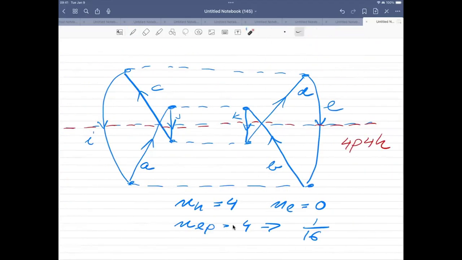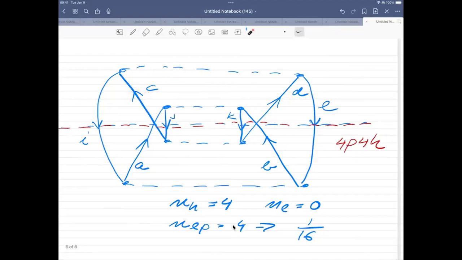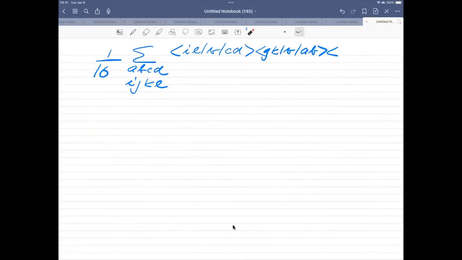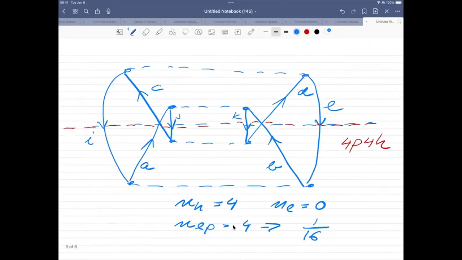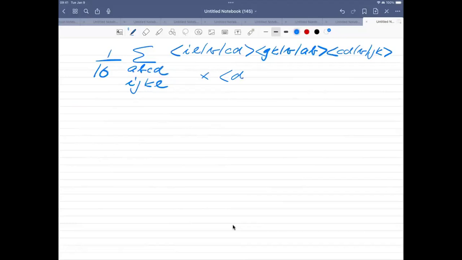For the third interaction vertex, we have 2 incoming hole states, J to the left and K to the right, and we have 2 outgoing particle states, C to the left and D to the right. So that means that we get a new contribution here, which is C, D, and then V and J, K. And finally, we have the first interaction where we have an outgoing AB and an incoming IL. So that means that we get A, B, and then V, and then we have I and L here.